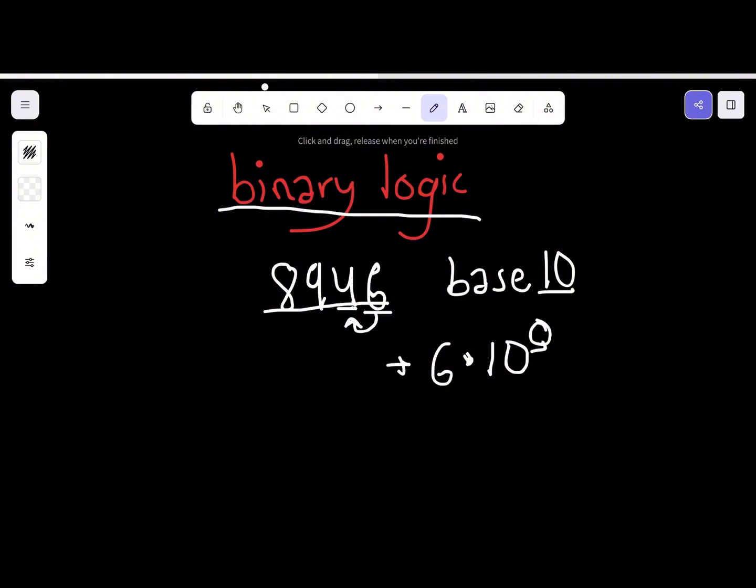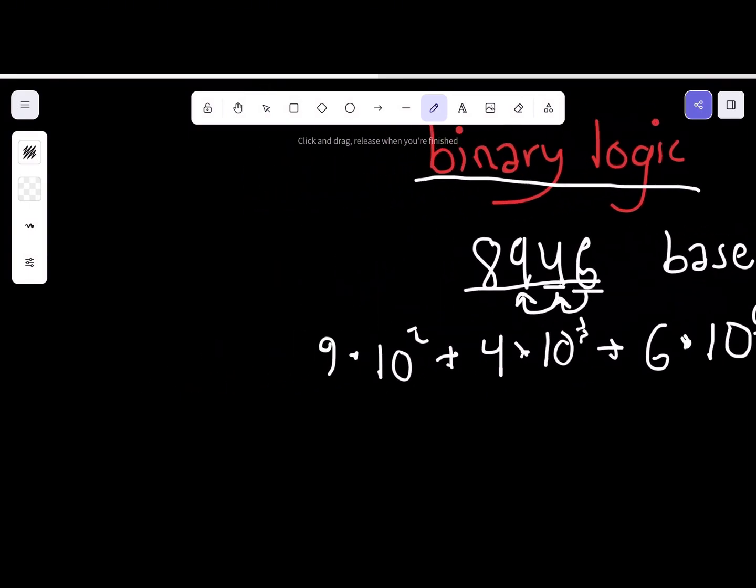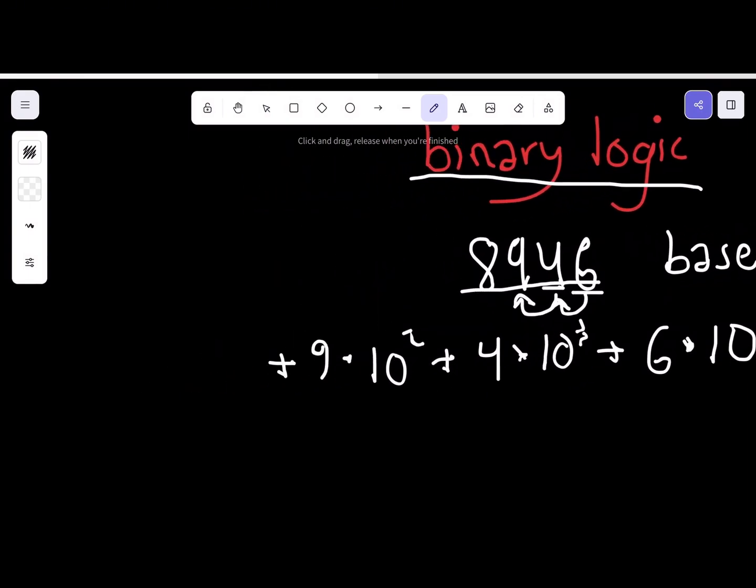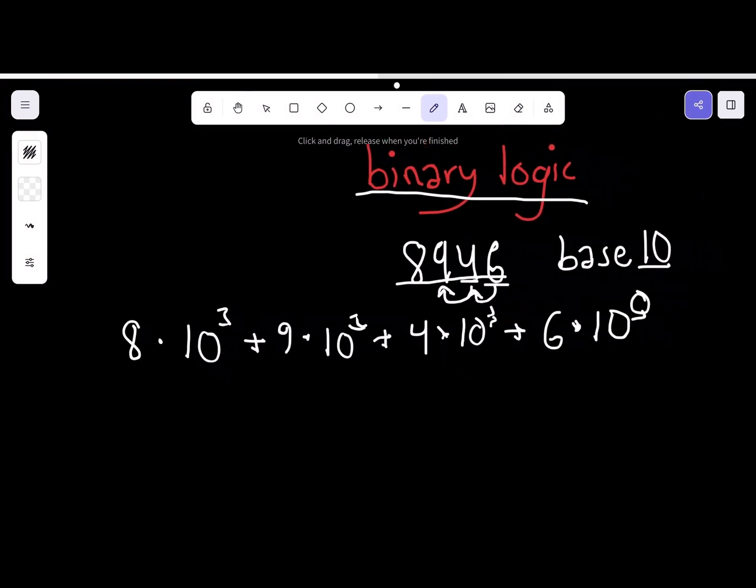So plus 10 to the first power this time, multiplied by 4. We're going to go down the line, plus 10 squared, incremented, times 9, plus 10, and guess which one? Third, incremented, times 8. And we're going to add all these numbers up and prove to you that's true.